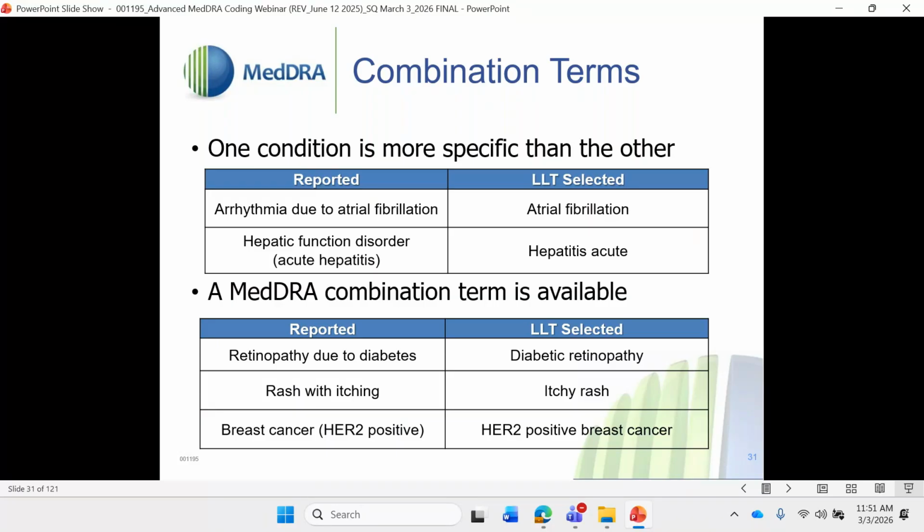So this gives you the breast cancer as well as the type in one term. So use a MedDRA combination term when one is available. And when one is not available, we already talked about what to do. In that case, use two terms. Okay, so all of these take-home messages are going to be utilized when we look at coding exercises later on in the presentation.